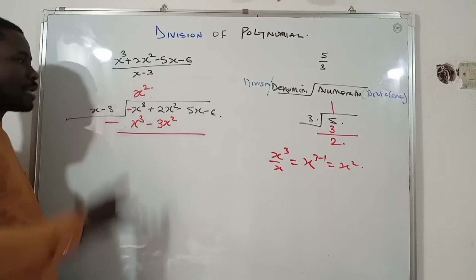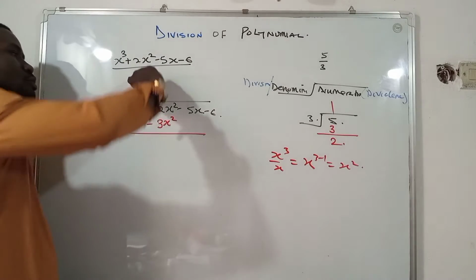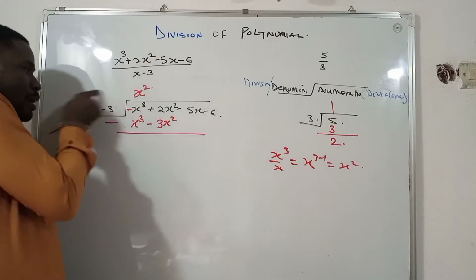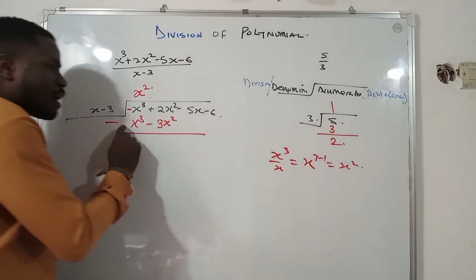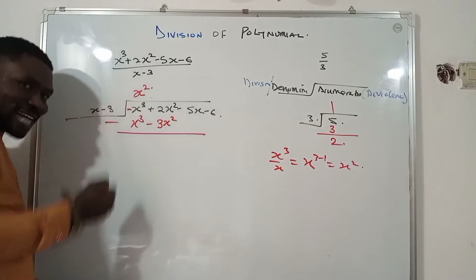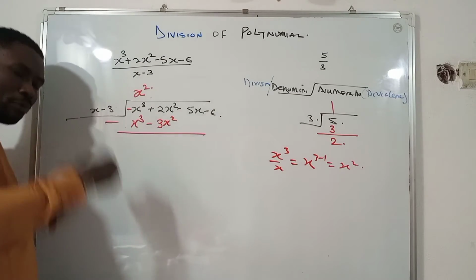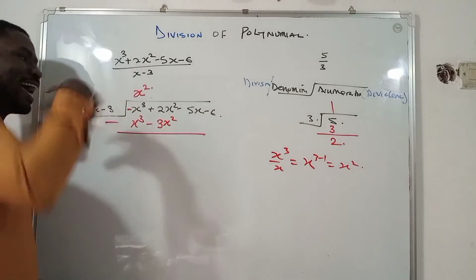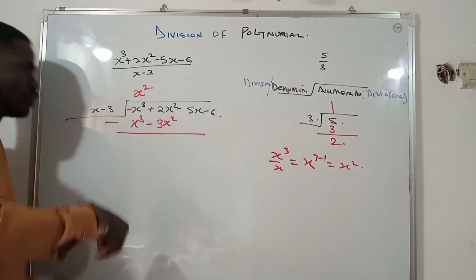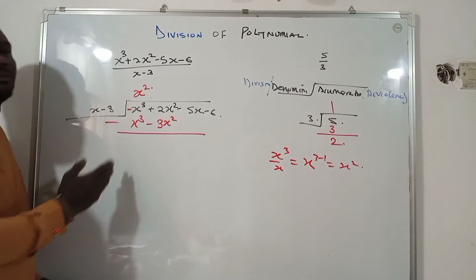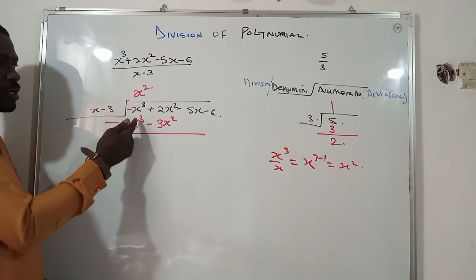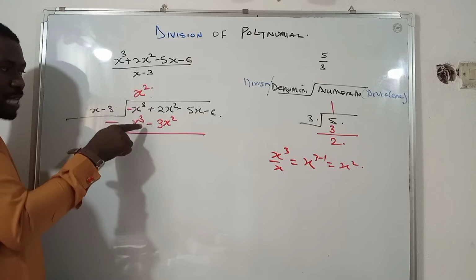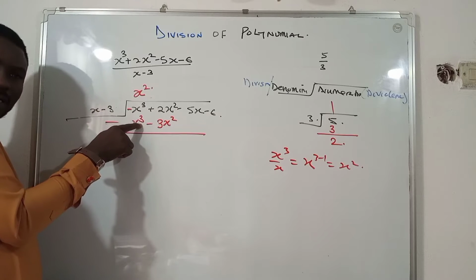The idea is that after you have used this to multiply the divisor, whatever you have here, you must now decide a sign, either a plus sign or a minus sign, depending on the one that will lead to the elimination of the first term. That's why the term here must have the same power as the one below it.